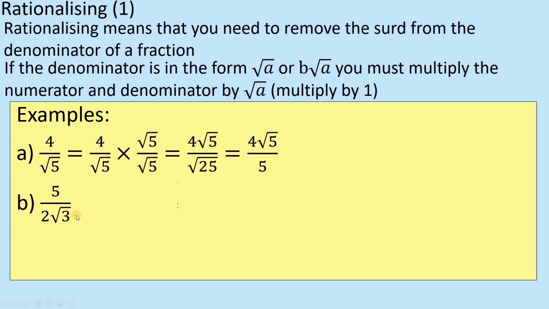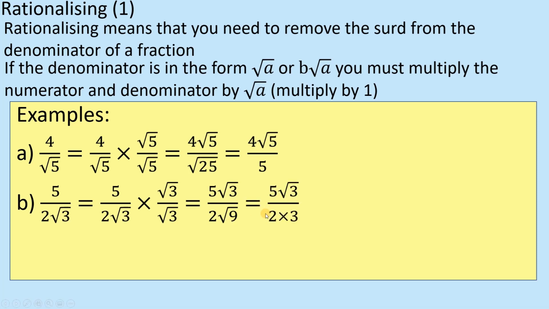They're going to cancel each other out, and it's a bit of a waste of time, because they would then simplify and cancel each other out. So the best thing to do is just times it by the surd, which is root 3 over root 3. So you're going to end up with 5 root 3 over 2 root 9, because the roots times together. Well, root 9 is 3, so you're going to have 5 root 3 over 2 times 3, which is 6. So you're going to have 5 root 3 over 6.